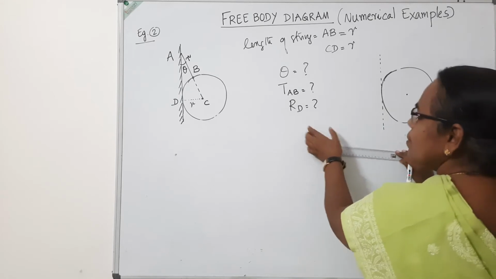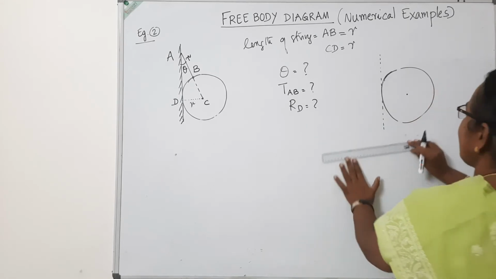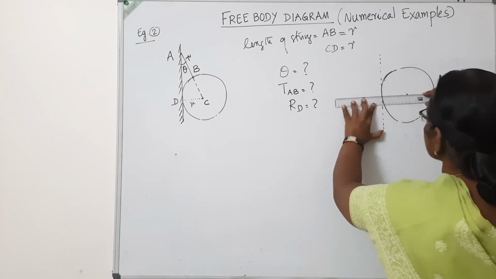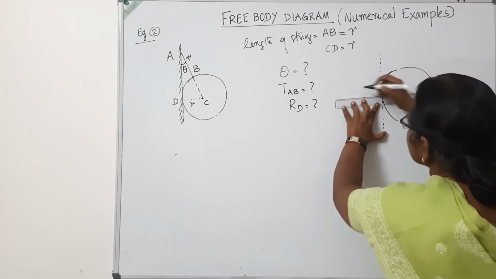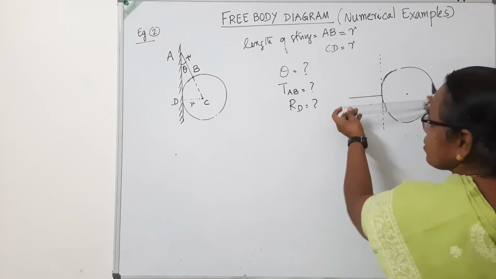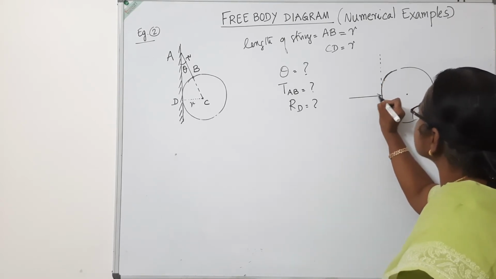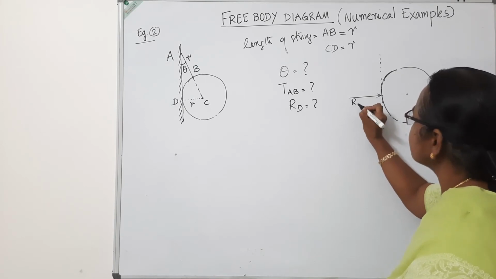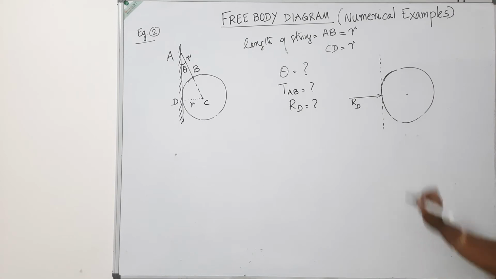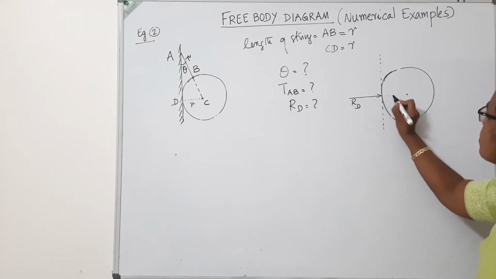So the normal reaction, the surface reaction will be acting perpendicular to this, and in the case of a sphere, all the forces will pass through the center. So this is the contact surface force or the surface reaction, contact reaction RD. It will pass through the center.